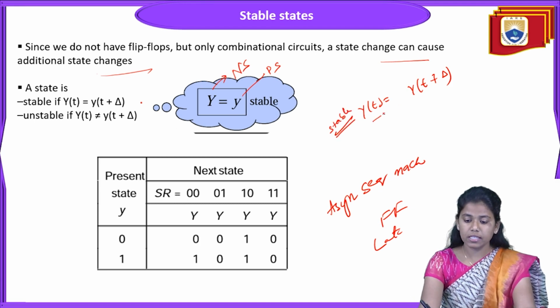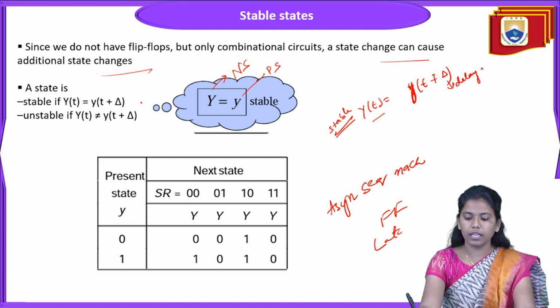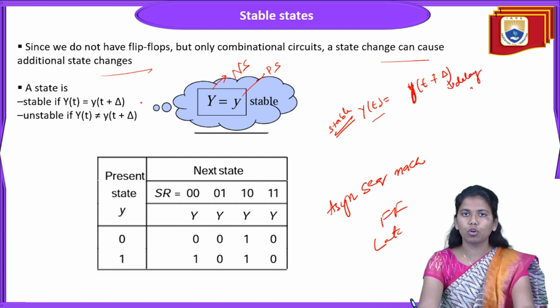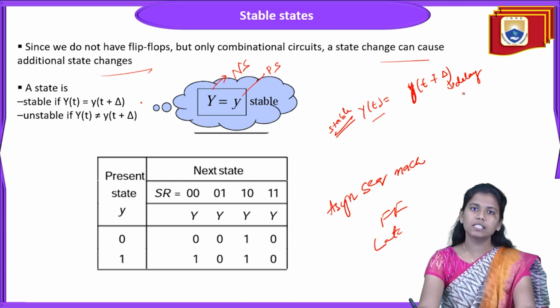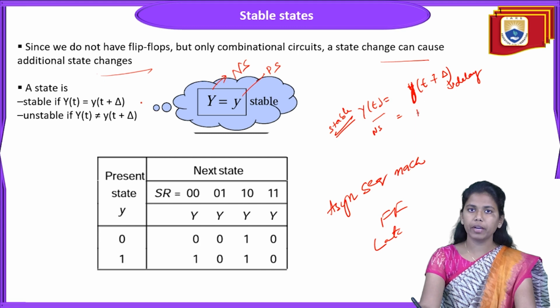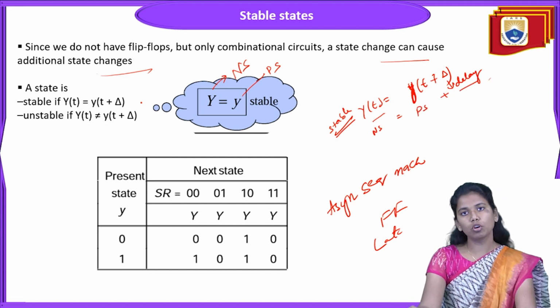Because the next state depends upon the present state followed by some delay. This is a delay, right? So, when the next state depends on the present state along with some delay, that sort of state is nothing but a stable state.